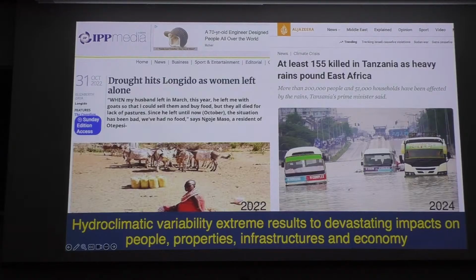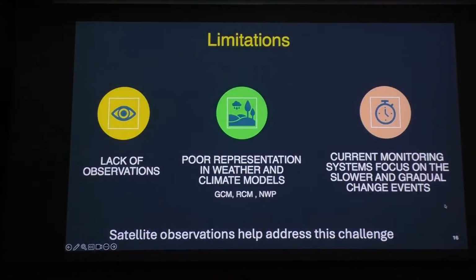And in Tanzania as well, just last year, 155 people died. So we really need this. We really need to know how to forecast this, how to predict this, how to monitor rapid change events to help with people, property, infrastructure, and the economy.